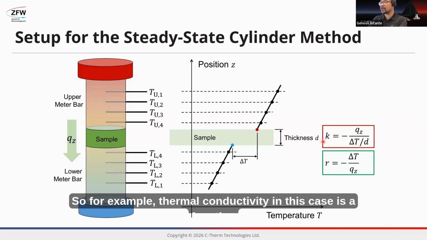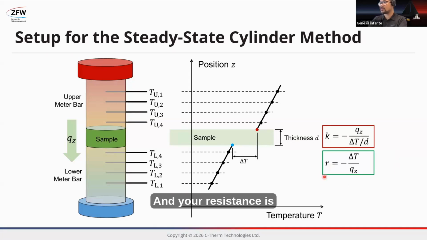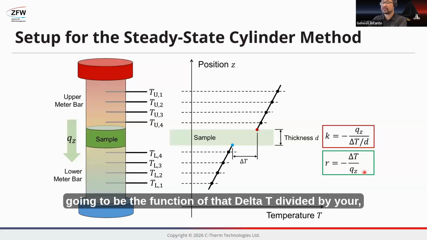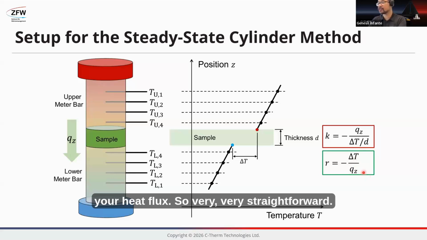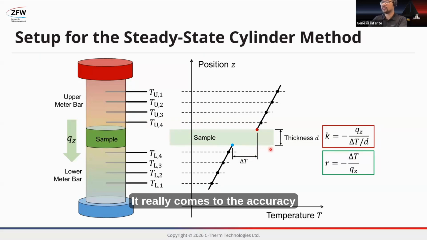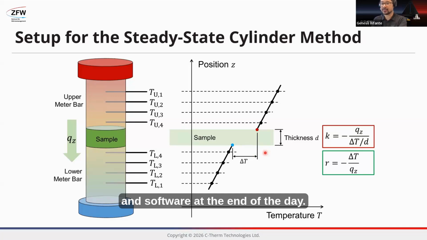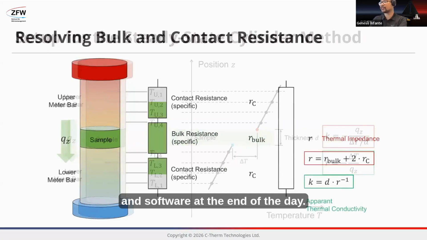So for example, thermal conductivity in this case is a function of the heat flux multiplied by the thickness and divided by the delta T. And your resistance is going to be the function of that delta T divided by your heat flux. So very straightforward, no real complexity when it comes to the math. It really comes down to accuracy, meaning your measurement points and how accurate your hardware and software are at the end of the day.